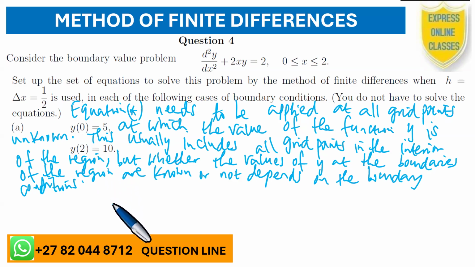Now, we are saying the equation star needs to be applied at all grid points at which the value of the function y is unknown. This usually includes all grid points in the interior of the region. But whether the values of y at the boundaries of the region are known or not depends on the boundary conditions.